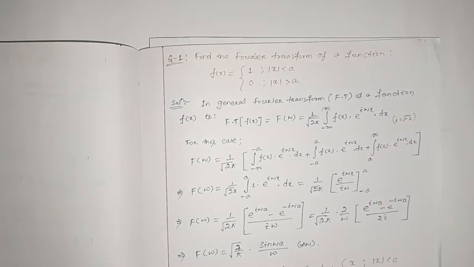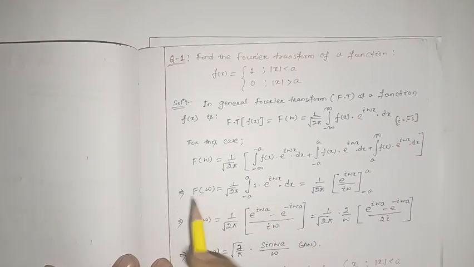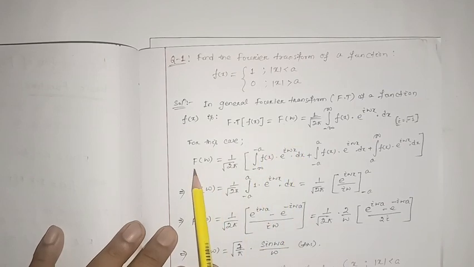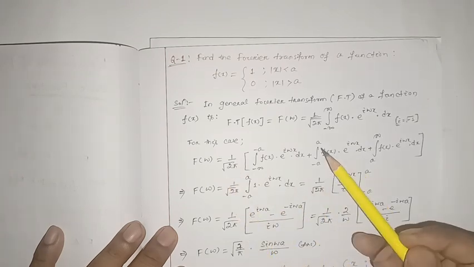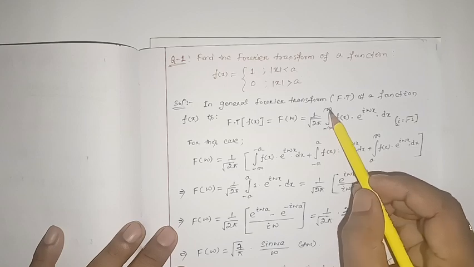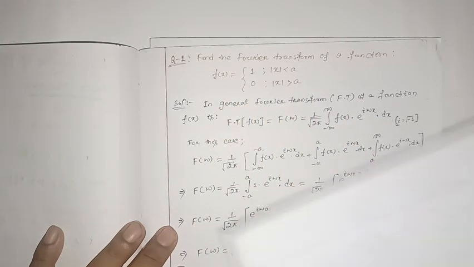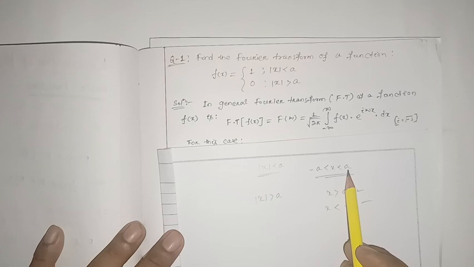For this case, in general the limit is minus infinity to plus infinity, but here the limit is already given: the function exists between minus a and a.